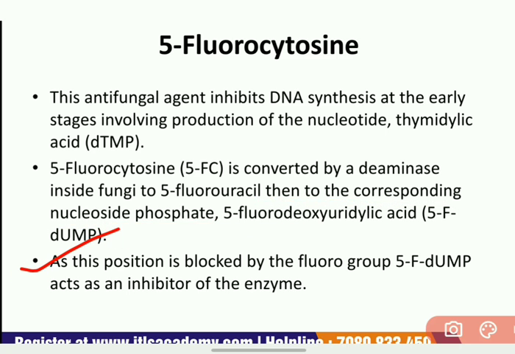As this position is blocked by the fluoro group, 5-FdUMP acts as an inhibitor of the enzyme. 5-fluorocytosine can be considered a prodrug. It has the value of being taken up by fungi as the pyrimidine base, whereas the active metabolite produced inside the cell would not be taken up because of its negative charge.